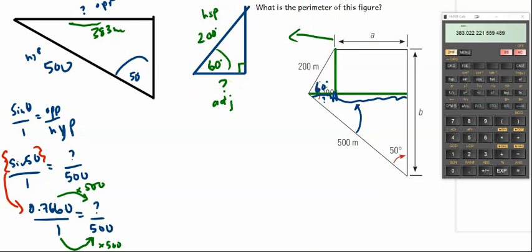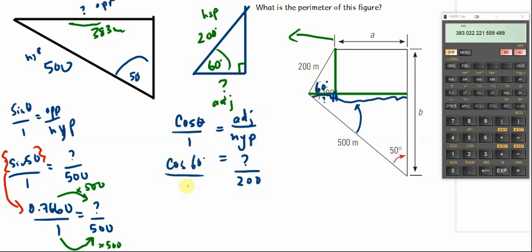Adjacent, hypotenuse, is in fact cosine. It relates those two. So cosine this time over 1 is this adjacent over hypotenuse. We don't know what the adjacent is. The hypotenuse is 200. And the cosine of 60 over 1. Again, we want to get that to a number.